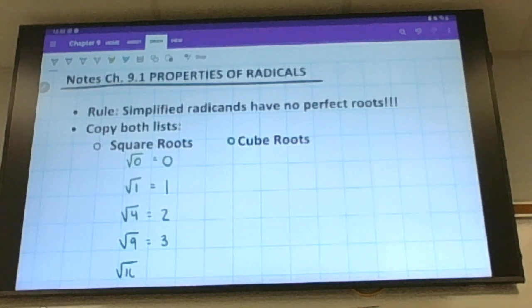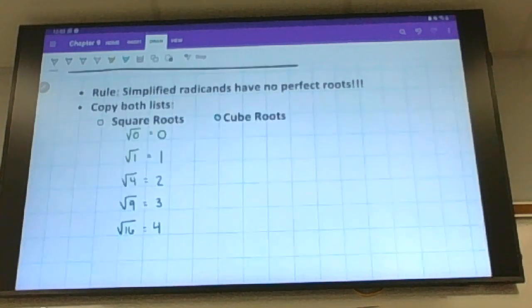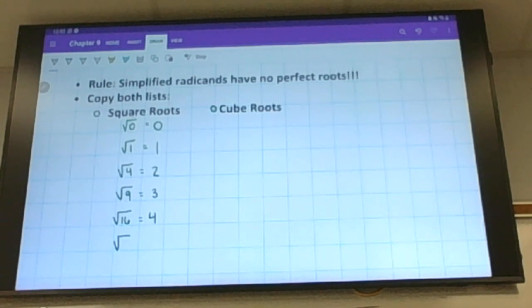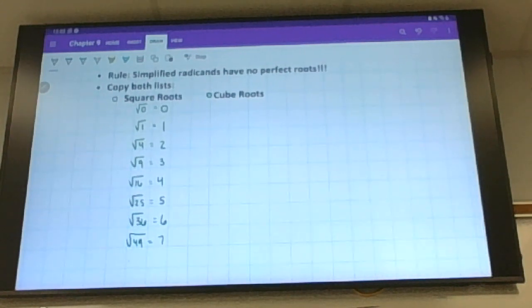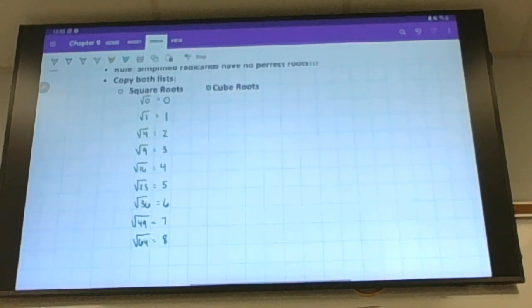We got the square root of 16. Square root of 25. Square root of 36. Square root of 49. Square root of 64. Square root of 100. Oh, I skipped 81.